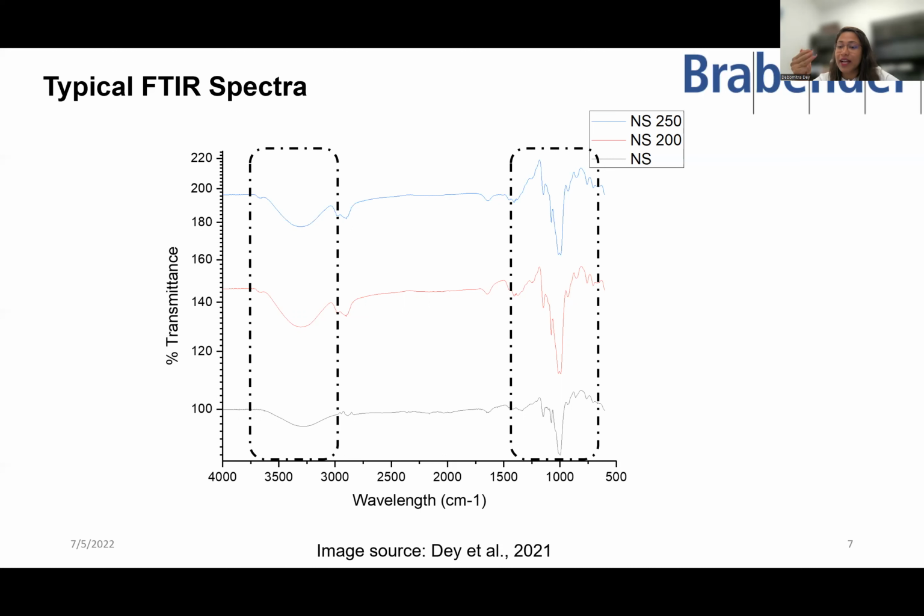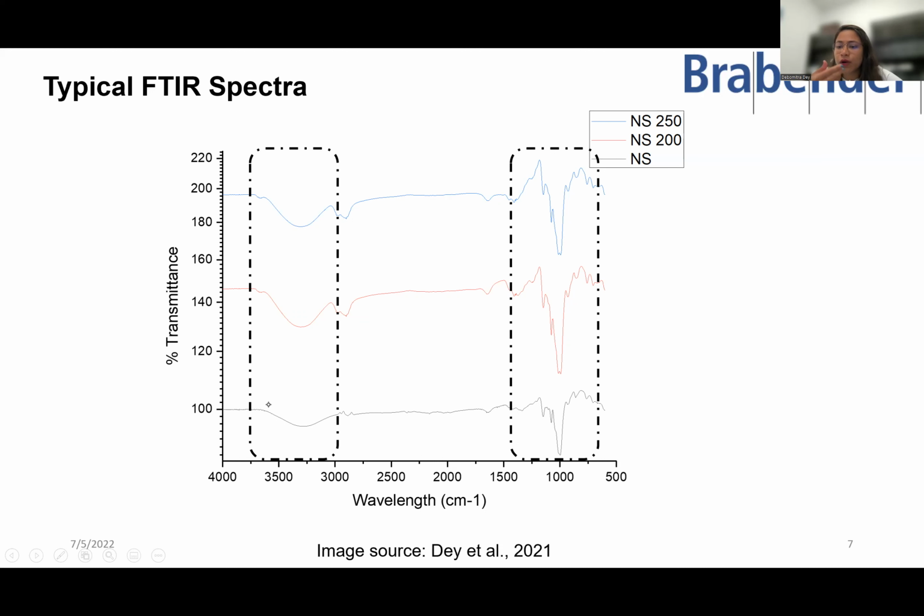And another thing is that there will be more amorphous structures, because of course we have broken down the starches. So these are the three things that we can definitely see in terms of starches when it comes to their processing changes.